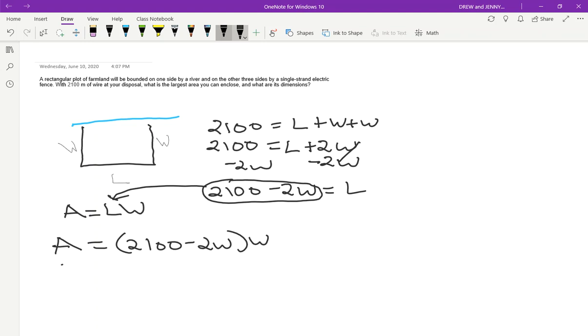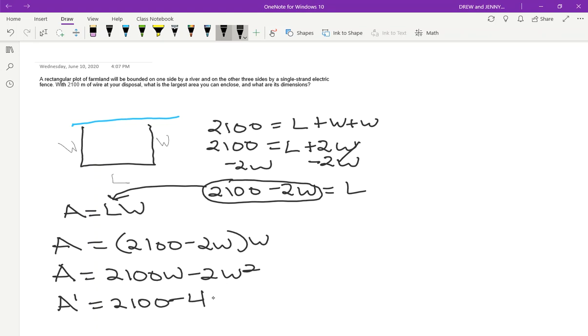So before the derivative, let's go ahead and use the distributive property. Multiply through by W. Okay, to find a maximum, I find the derivative, which is 2,100 minus, multiply this 2 in front times 2, we get 4W, decrease the exponent by 1.